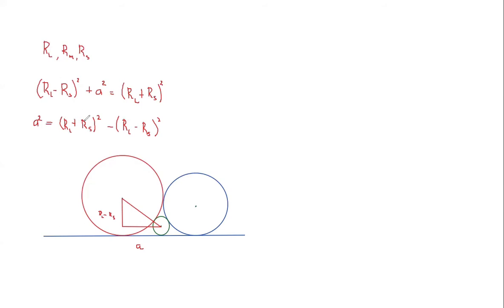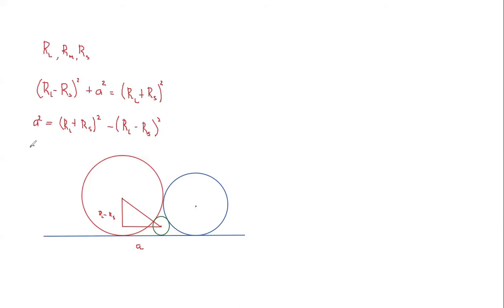Expanding these perfect squares, you get RL squared plus 2RLRS plus RS squared, minus, in brackets, RL squared, so they cancel, minus 2RLRS, and minus minus gives us a plus, and then RS squared is subtracted from this one.